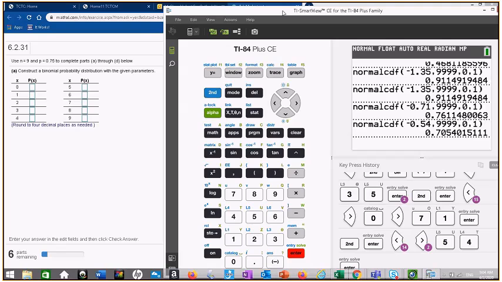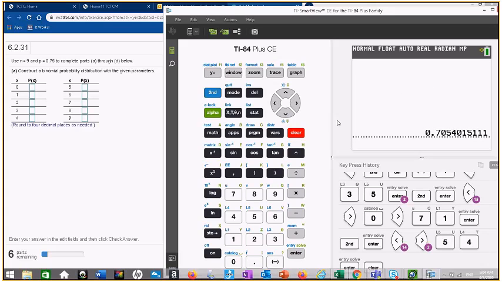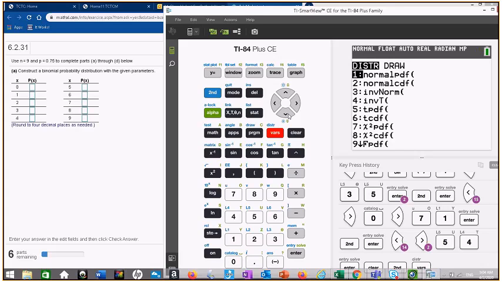Second, vars, and go down to binomial PDF.